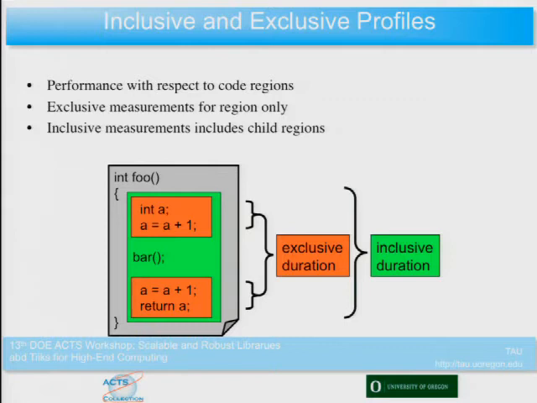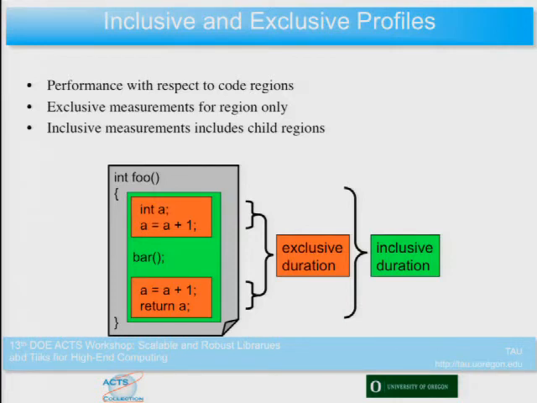With the interval events, that is start and stop events, you can tell the exclusive duration in any function. This is a very important concept. If there is a function called foo and it calls an instrumented function called bar, then this green region is the total inclusive time spent in foo, and if this is the time spent in bar, you can subtract that from the total time to get this orange color, which is the exclusive time spent in function foo.